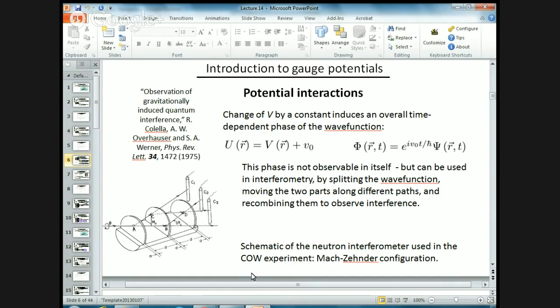As implemented by Colella, Overhauser, and Werner, the famous experiment, one of these paths was higher up in the gravitational field than the other, so there was a phase shift. It was the first measurement of the effects of gravity on a quantum particle.